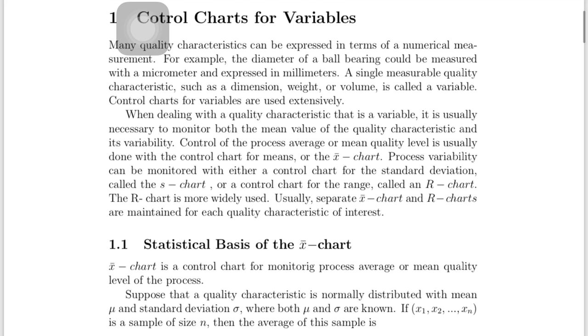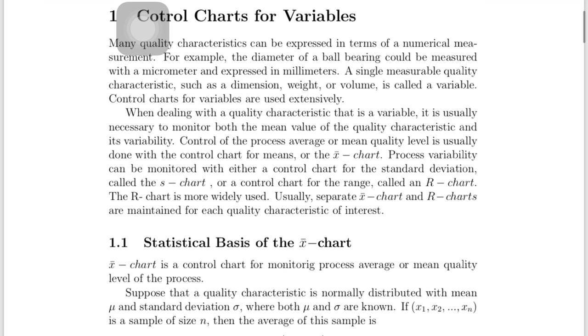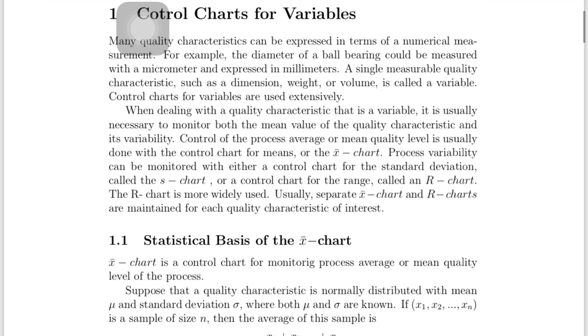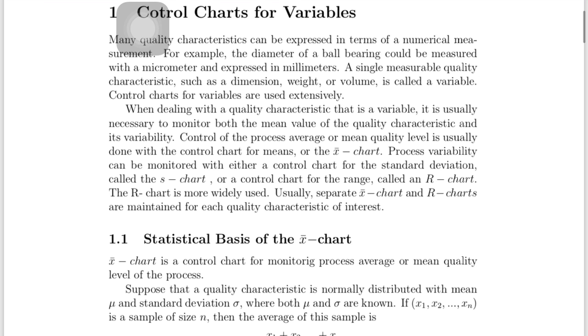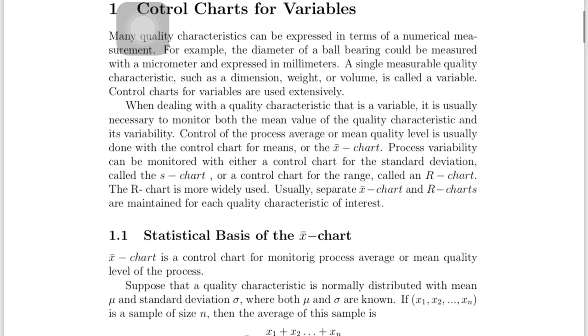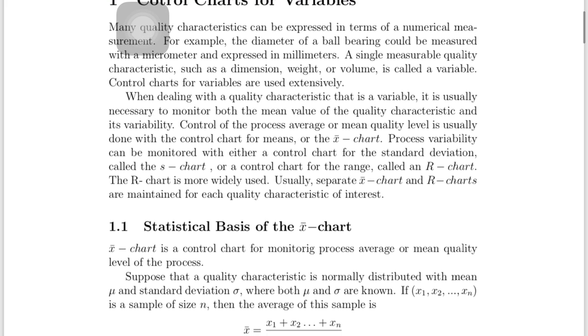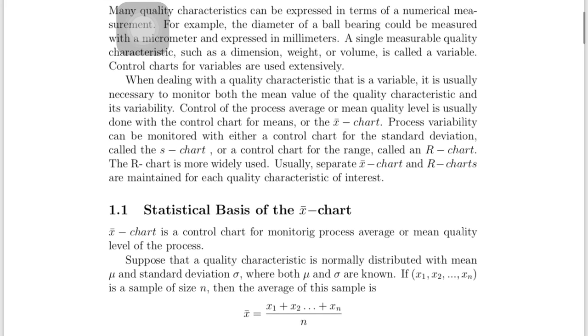The control of the process mean is usually done by control chart for means or X bar chart, and process variability can be monitored with either a control chart for standard deviation or a control chart for range, respectively called S chart and R chart.